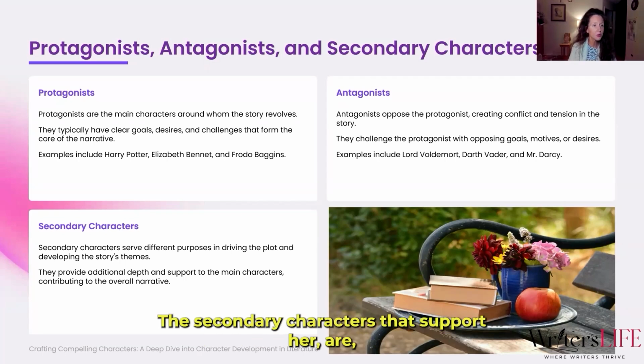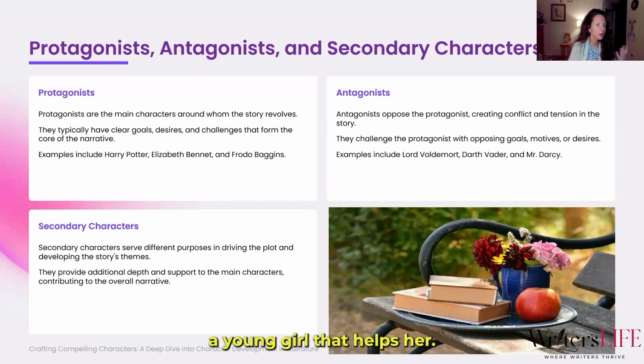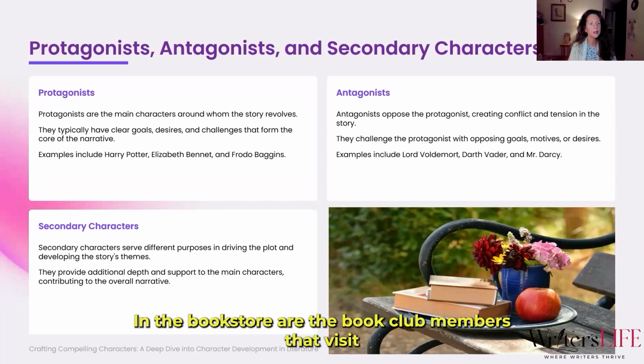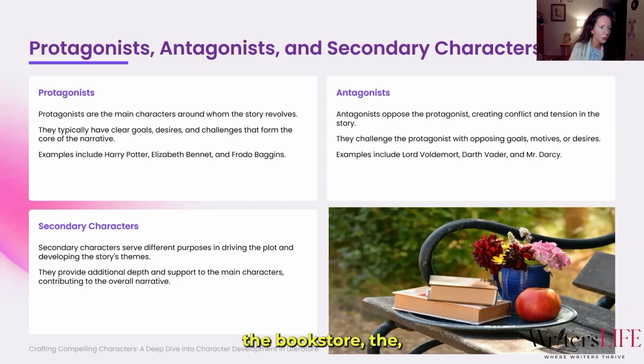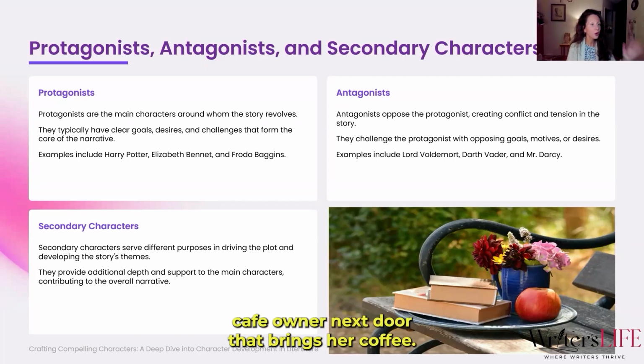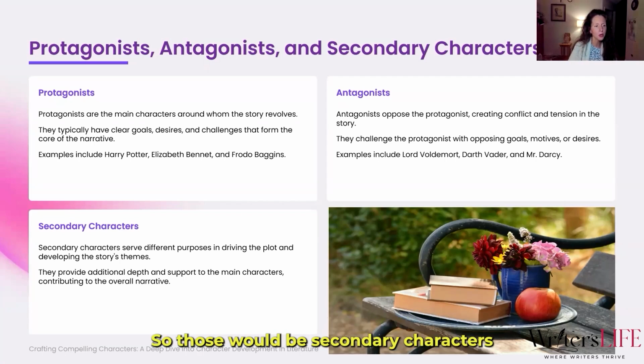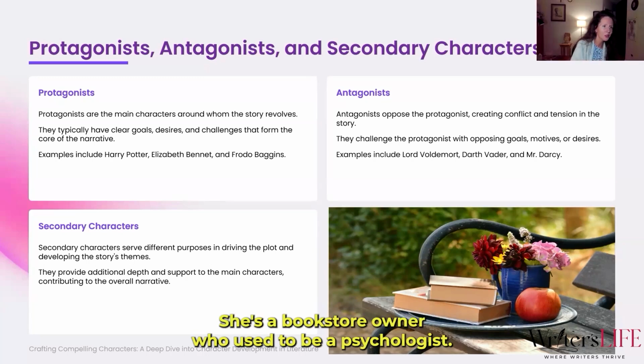The secondary characters that support her are a young girl that helps her in the bookstore, the book club members that visit the bookstore, and the cafe owner next door that brings her coffee. So those would be secondary characters that add a richness to the storyline, while my main character is a bookstore owner who used to be a psychologist.